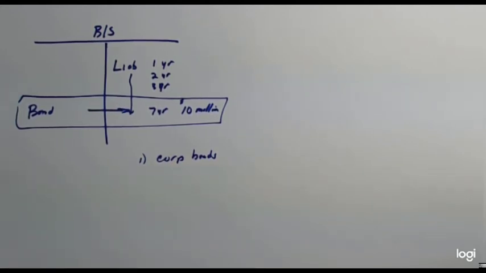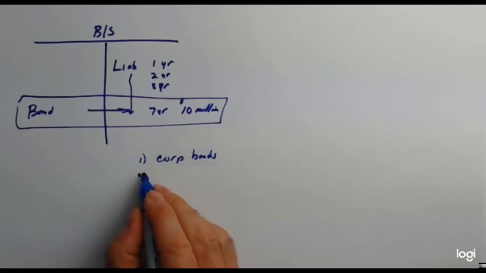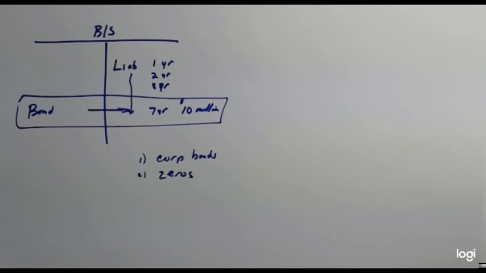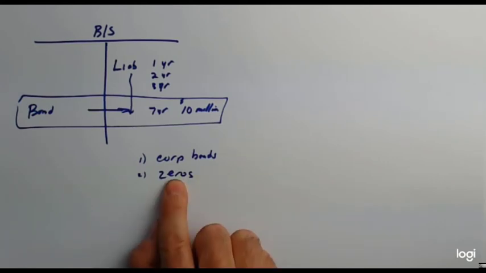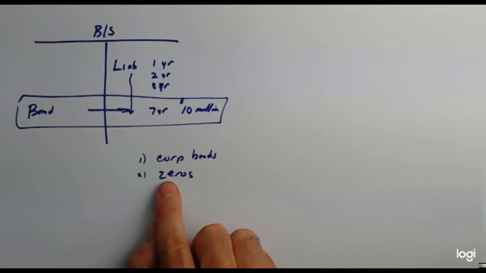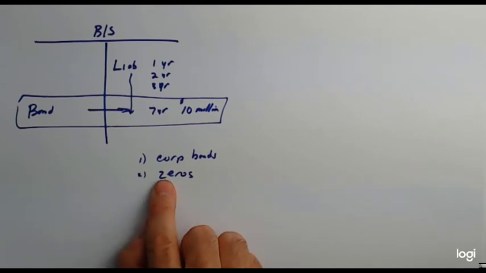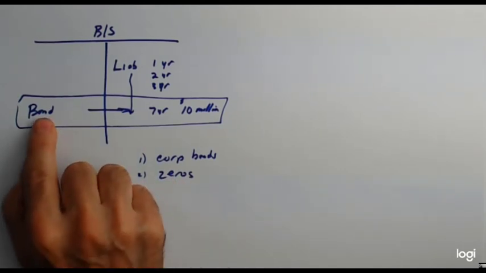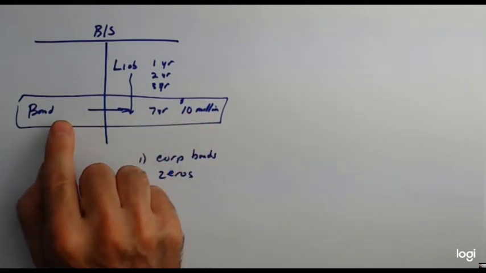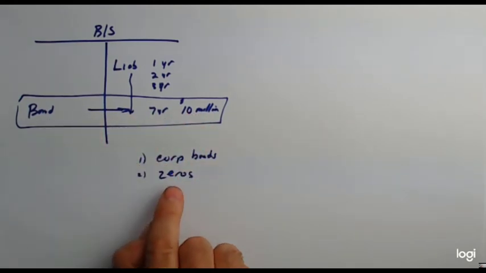Now, the second thing you could do is you could buy zeros. For example, U.S. Treasuries. Well, the problem with zeros from the U.S. Treasury, like strips, is that they earn low rates of return. Well, okay, so let's look at this now. You buy a zero here that matures for $10 million. And you say, wow, okay, wait a second. Now zeros have no reinvestment risk.